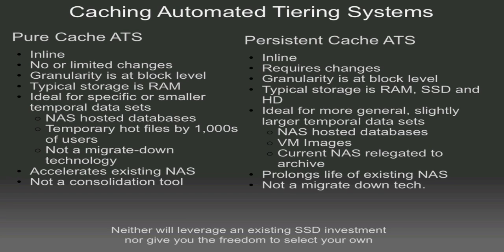You're talking about a very high write environment because you're reloading that cache often. So RAM is better suited for that than even flash-based SSD. It's ideal for specific or smaller temporal data sets. NAS-hosted databases are probably one of the better examples.